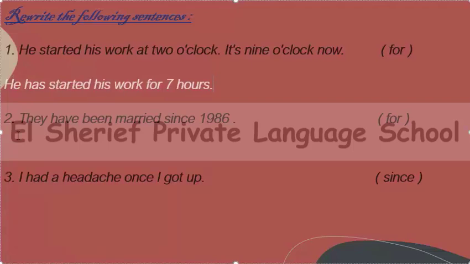Number 2, they have been married since 1986. Use for. So they have been married for, from 1986 to 2020, they are 34 years. They have been married for 34 years.